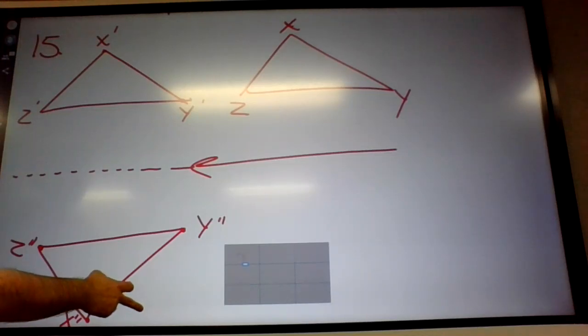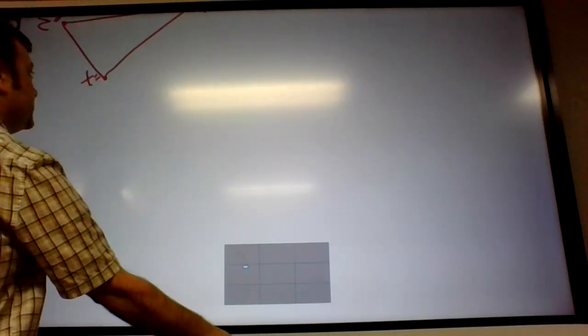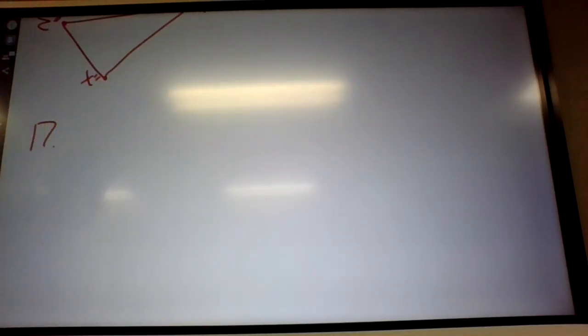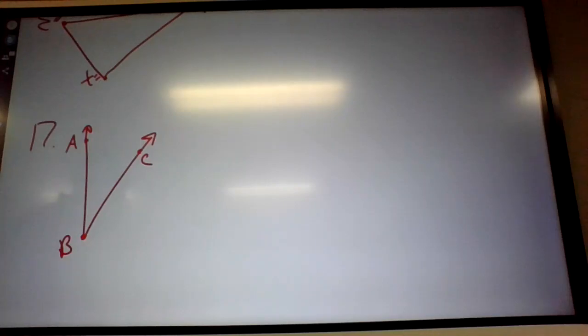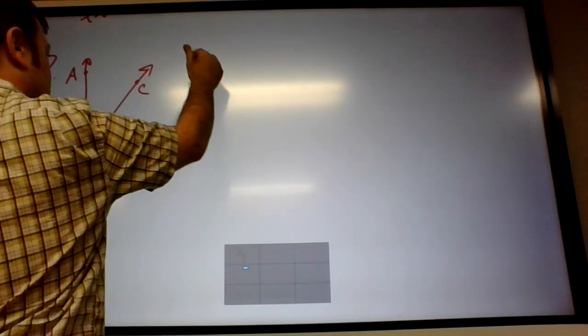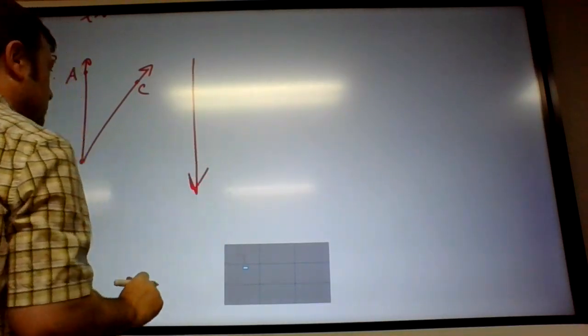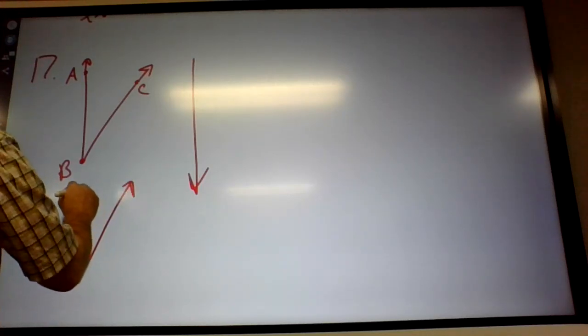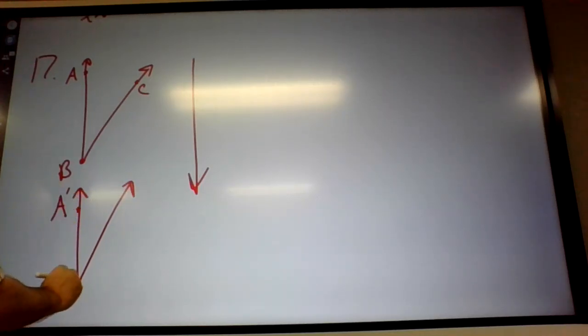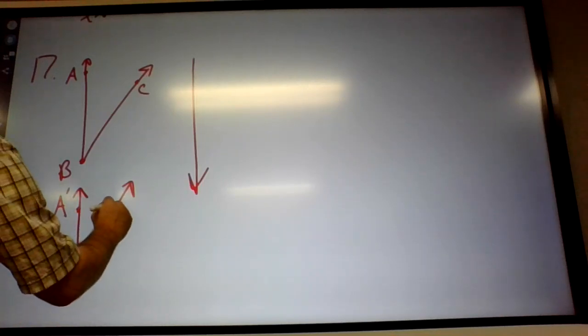Are you guys good on 15? Mm-hmm. Alright, on 17, we're starting with angle ABC. And there's a vertical vector going down. A prime, B prime, C prime.